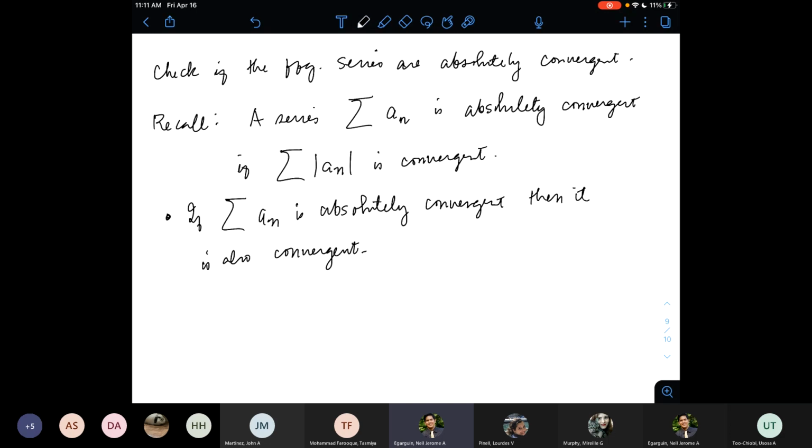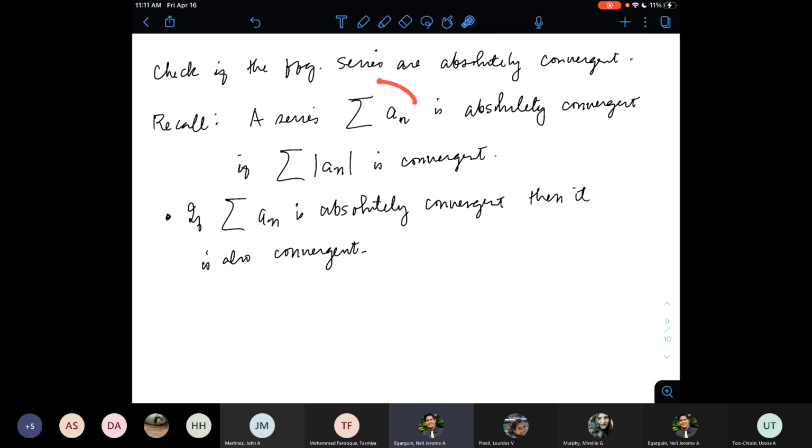Why does it follow that it is also convergent? If it's absolutely convergent, then the series with the absolute value is convergent. But this series is larger than this series, so we have this relation. So this series is smaller than a convergent series.